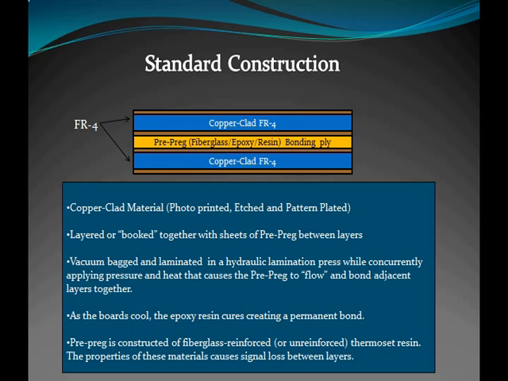When subjected to heat and pressure, the pre-preg begins to melt or flow. As the board cools, the prepreg cures, creating a permanent bond of all layers. This is the most common type of lamination used in the industry today. Standard lamination is typically used in digital and non-RF designs.